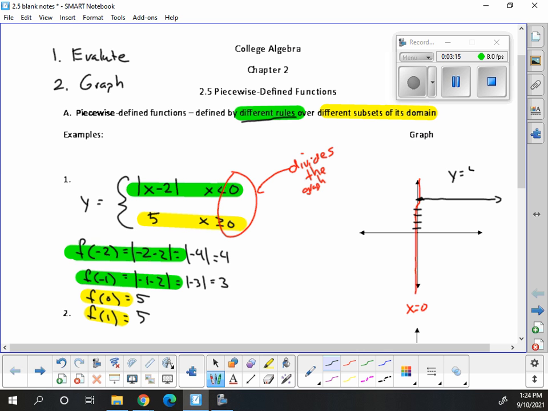And when it's less than 0, it's going to be the absolute value of x minus 2. And the points we plugged in, at -1, it was 3. And at -2, it was 4.